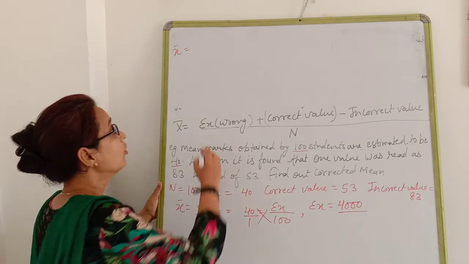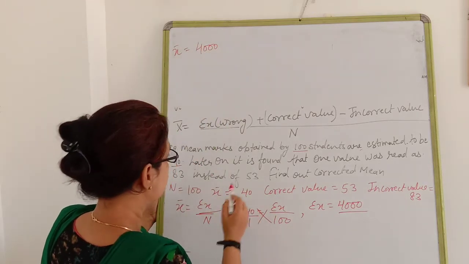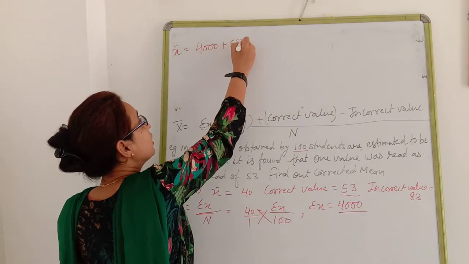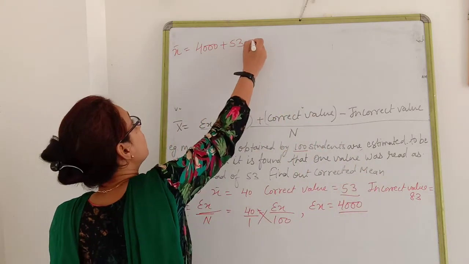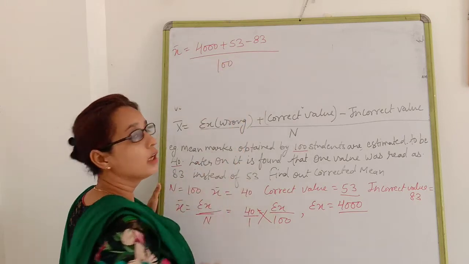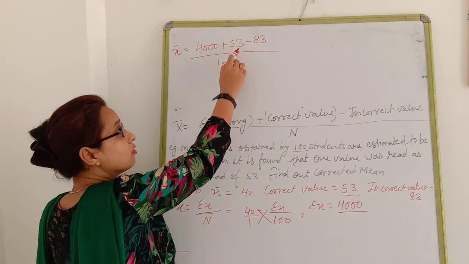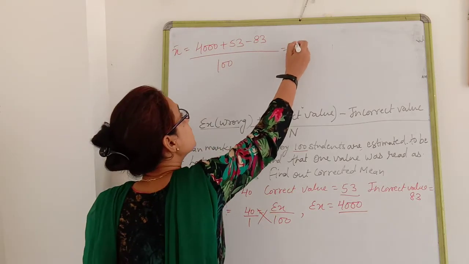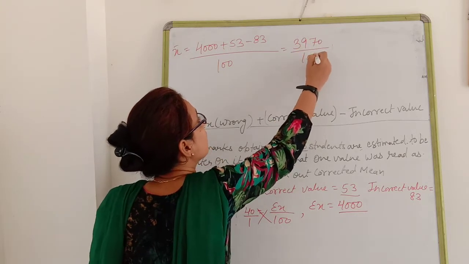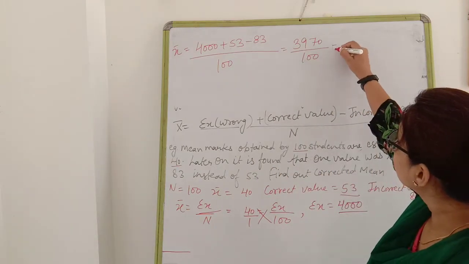Sigma x is 4000, plus correct value, that is 53, minus incorrect value, that is 83, divided by n, the number of items. Clear? Now 4000 plus 53 is 4053, minus 83 is 3970, divided by 100. Now how much answer are we going to get? 39.70.